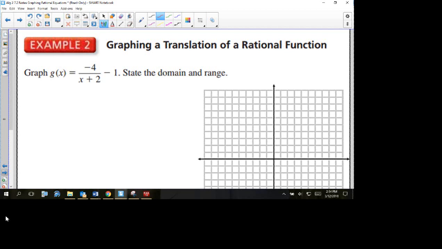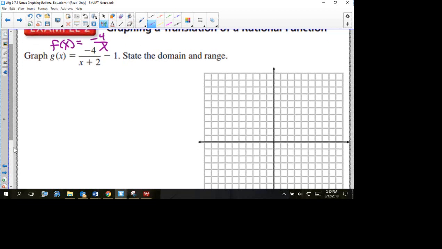So what we're going to do is start with a parent function. And the parent function is going to have that vertical stretch or that reflection, if there is one, just over x. So I'm going to start with negative 4 over x. That's going to be my parent function for my table. So I'm going to start out with my table, and I'm going to pick values for x that I can divide into that negative 4 easily.